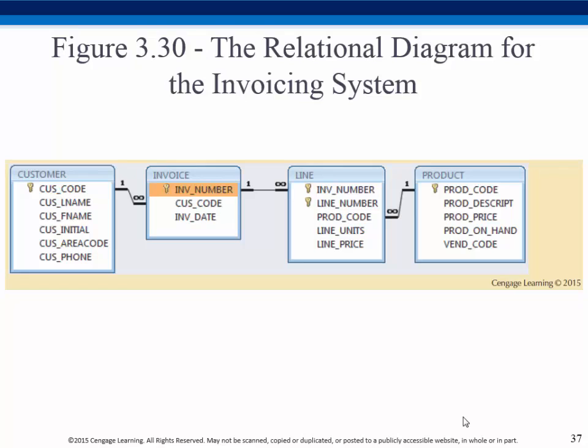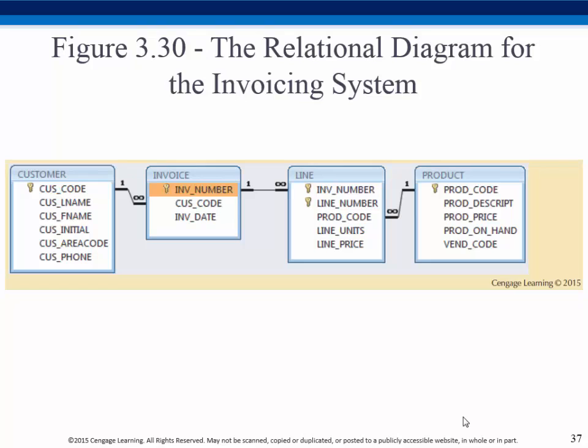You have your customer, and you have your customer code, which is the primary key, which is the foreign key in invoice. So your invoice number is the primary key in invoice, and customer code links back to customer for your invoices. And then your line number and invoice number combine to create the primary key, and the invoice number is also the primary key in invoice.